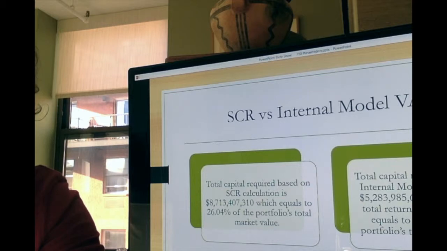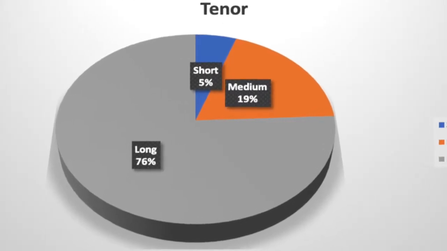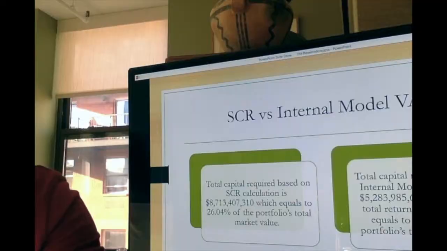Like 76% of the bonds are long tenors, and only 5% of the portfolio is short tenor. So I believe it makes the portfolio have more spread risk exposure.